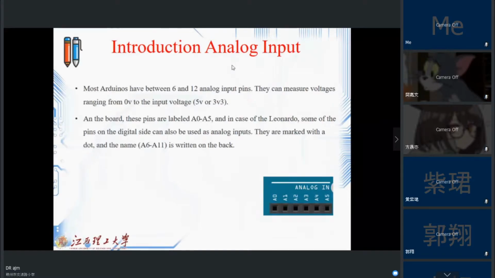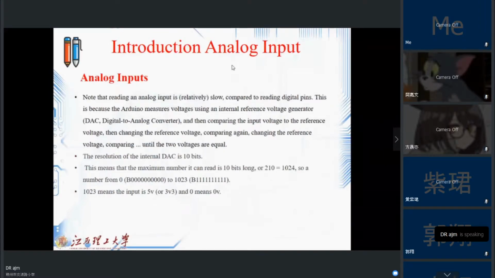We label the analog pins with A, from A0 to A5. It has 6 analog pins marked on the board, and you can see them. For the Arduino Mega, you have 16 analog pins, which is great and very useful for many applications.